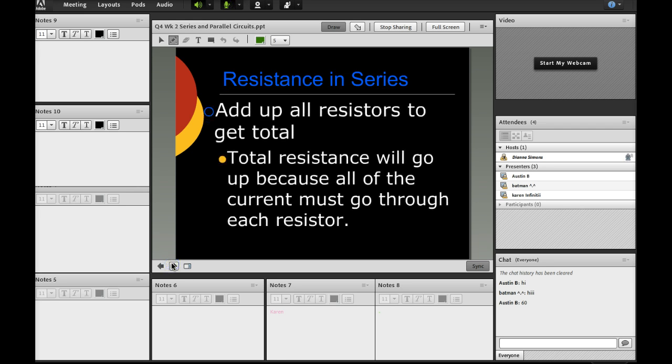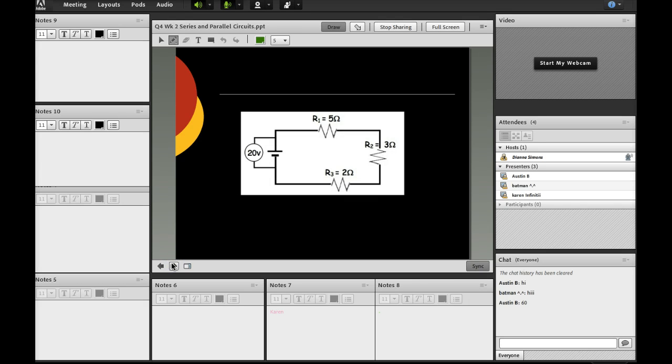Okay, total resistance. Remember, again, you're going to add up all the resistance. We added up all the voltage drops. We're going to add up all the resistors to get the total resistance. So we kind of already have done this. So 5, 3, and 2. What is our total resistance?